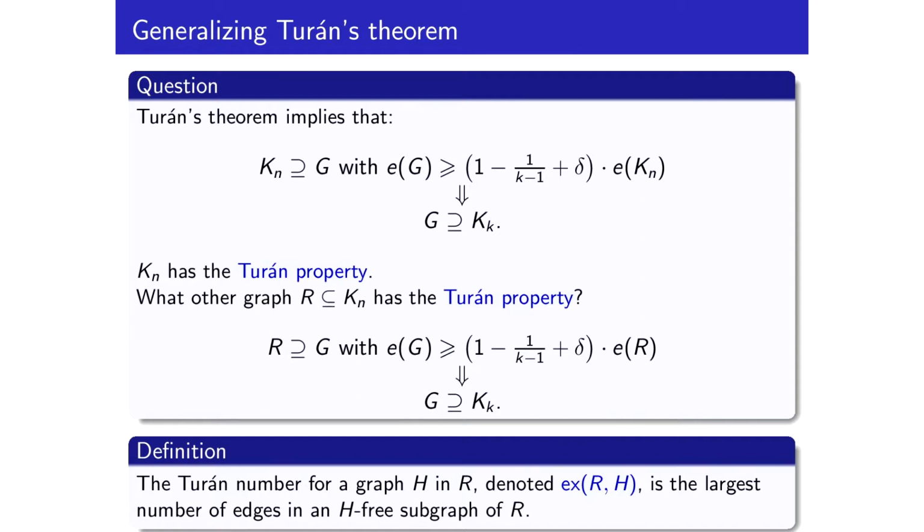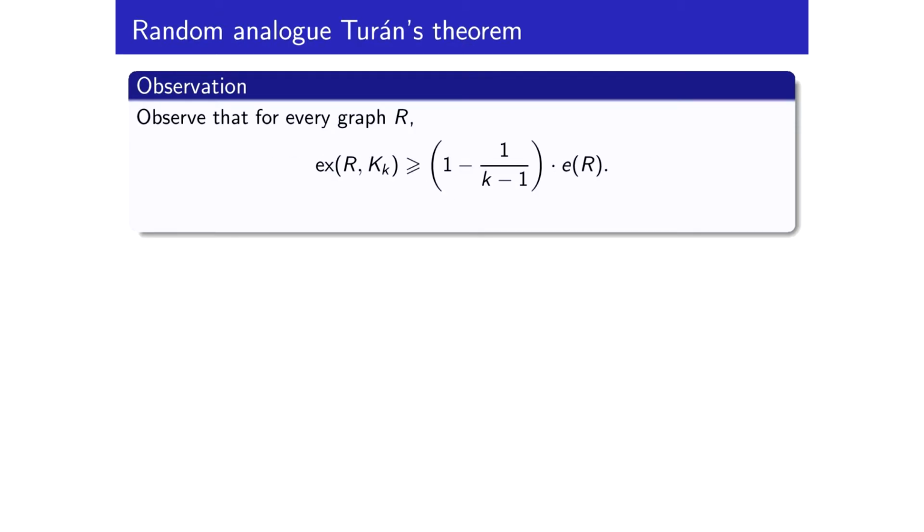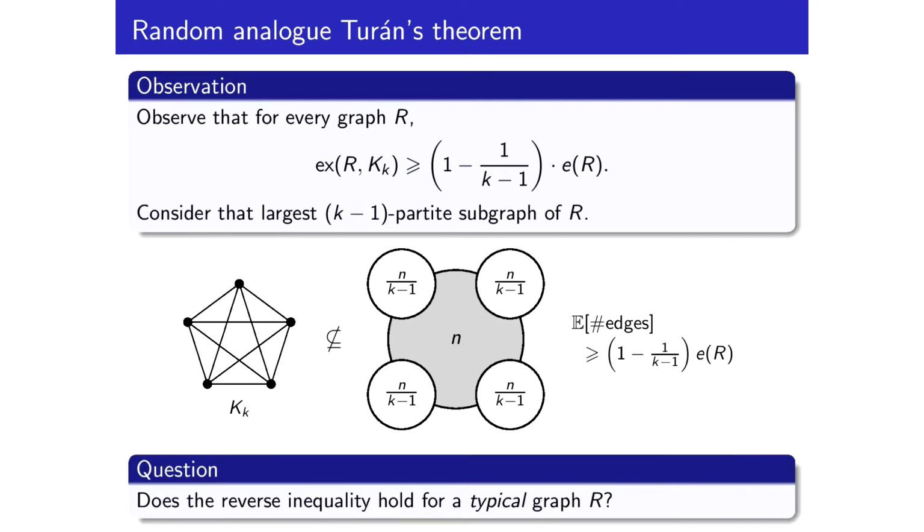Notation-wise, we can use the notation ex(R,H), the largest number of edges in an H-free subgraph. It's an easy lower bound that if you take a max cut, then you can find a large K_k-free subgraph of any graph.